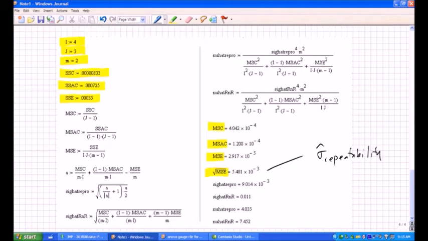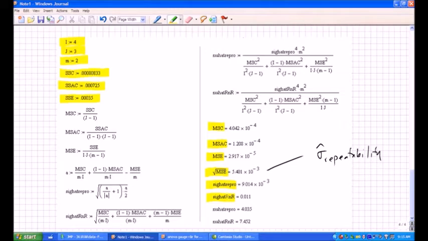A sigma hat reproducibility, so there's sigma hat repro, I've called it, and a sigma hat R&R.